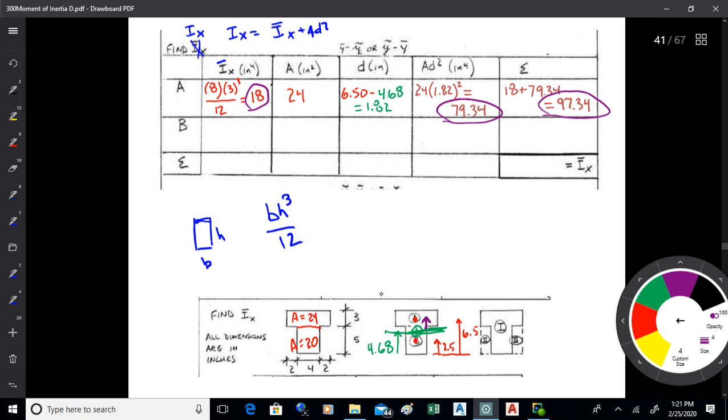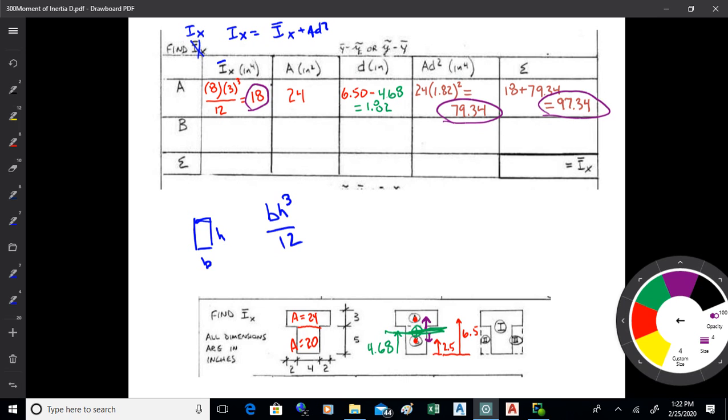You want to measure down to the centroid of shape B, like that. That's your distance, the offset. Now that's going to be negative in this case, but you square it, so the negative goes away anyway. So again, it's not a big issue. Some people don't even bother with the sign on D because you're going to square it, so it doesn't matter.